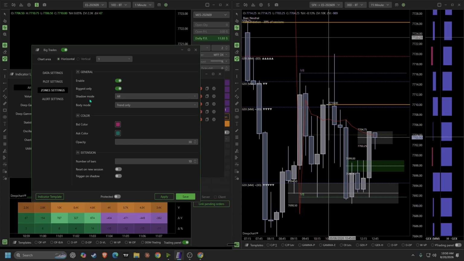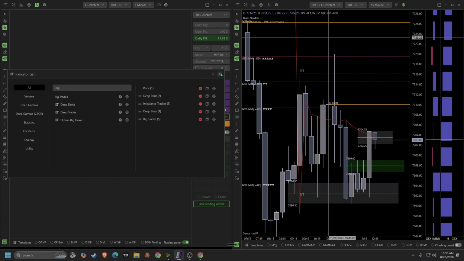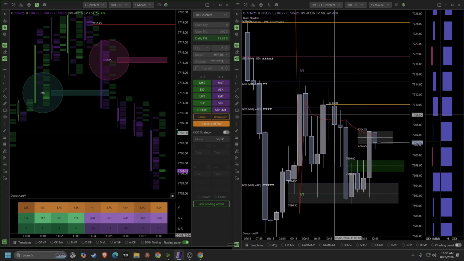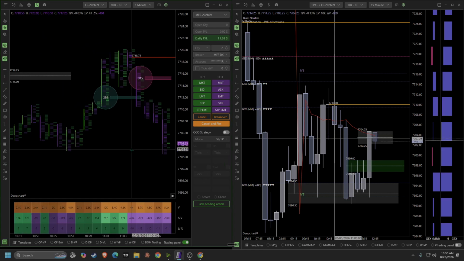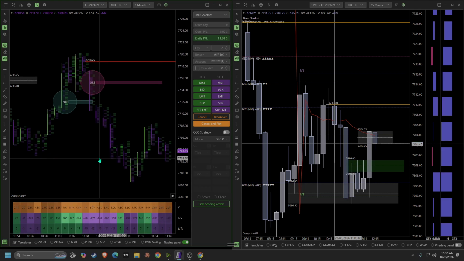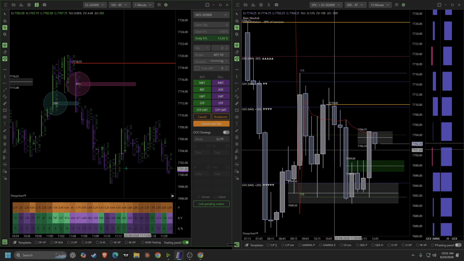And enable the biggest. So shadow mode, it's going to print both reversal and continuation lines that come across, and then in the body it's only going to show trend continuation in the same direction. Those will be little horizontal lines. All right, so this gives us another level of detail and granularity.